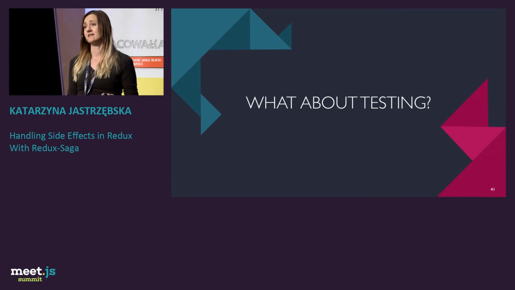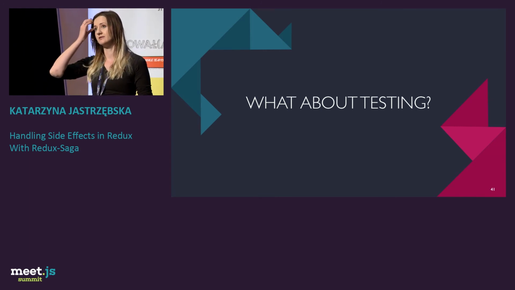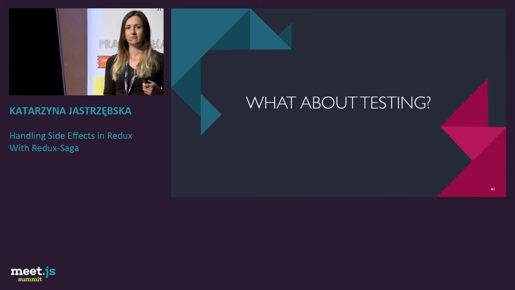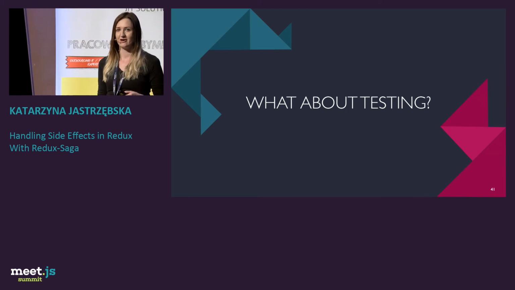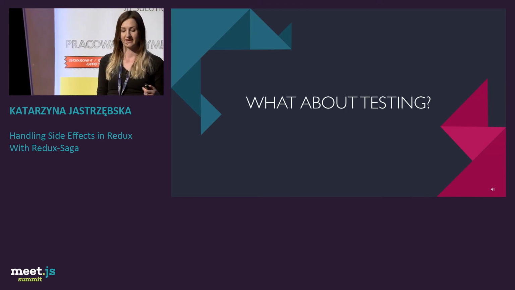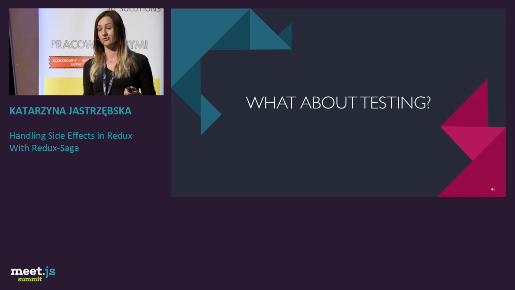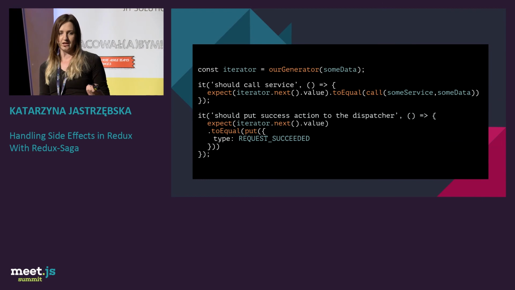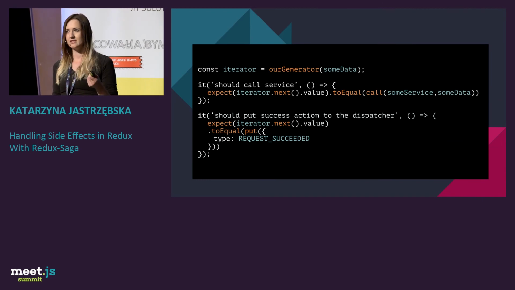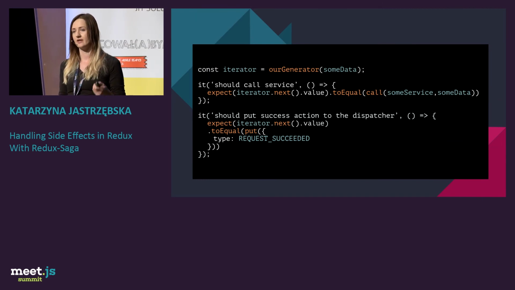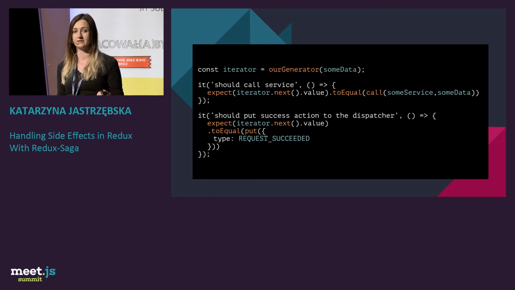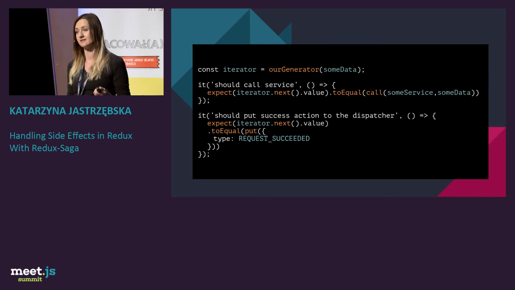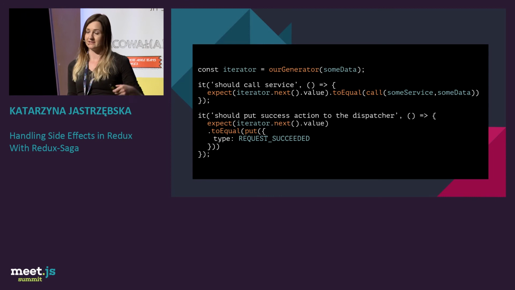What about testing Redux sagas? Because this is also important. We try to have coverage on our code with tests. This is not a new trend. This is something stable. Actually, testing Redux sagas and generators is simple because of the syntax of sagas. The syntax is like synchronous code.